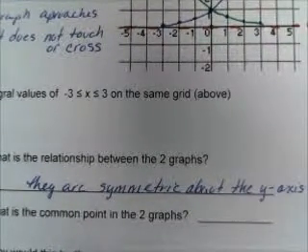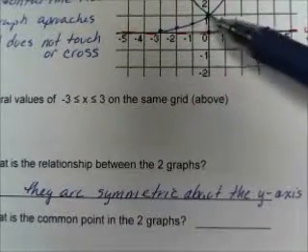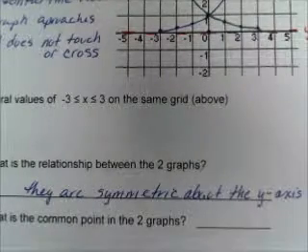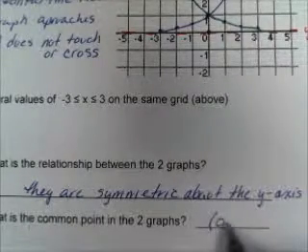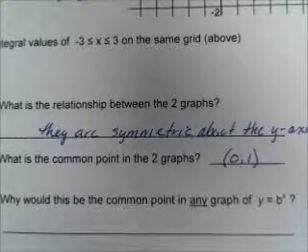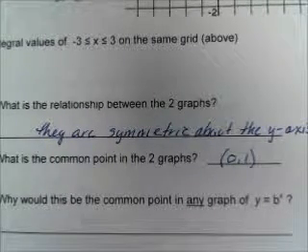What is the common point in the two graphs? Well, it's where they intersect. The common point is 0, 1. Why would this be the common point in any graph of y equals b to the x? Well, think about it.